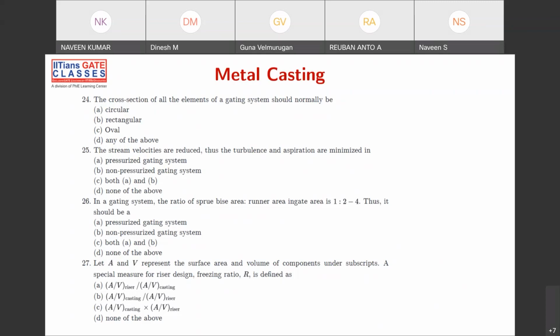Okay. Let's see. You have to think of it. Just tell me. What about others? Somebody is saying A, somebody is saying D. What about others?